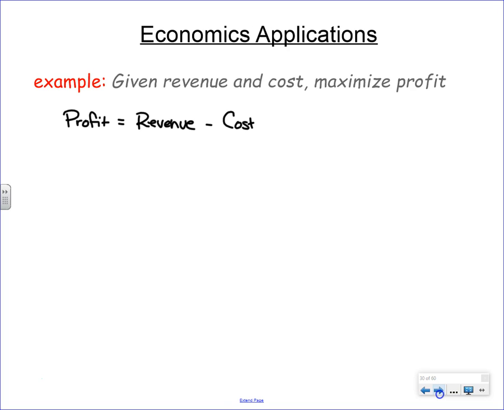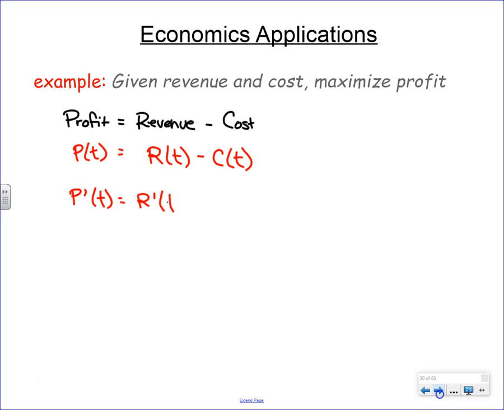So then, how do I maximize profit? Raise revenue and lower cost. You'll be given something like R of T probably minus C of T. It might not be T, it might be N for the number of product. But T might be time also, just depends. But if we did it like this, to maximize, don't we need to go ahead and find P prime, right?